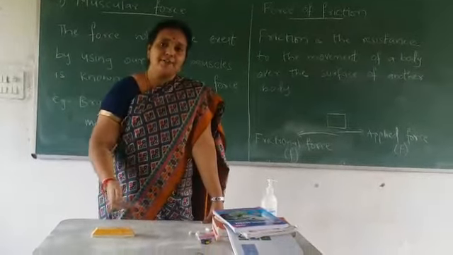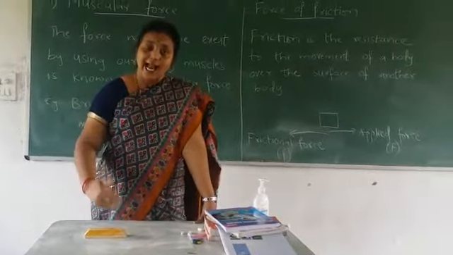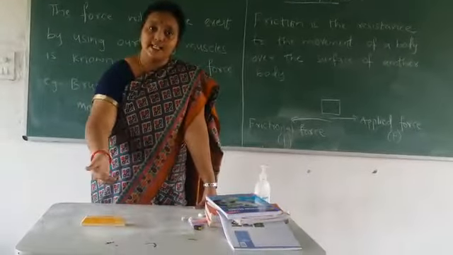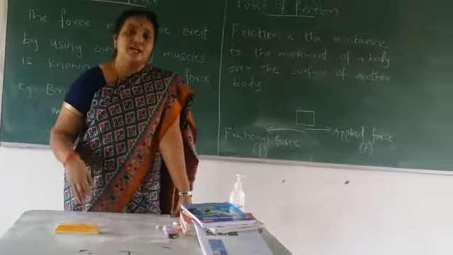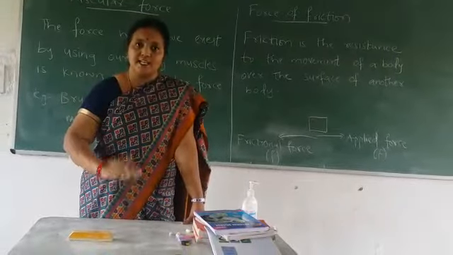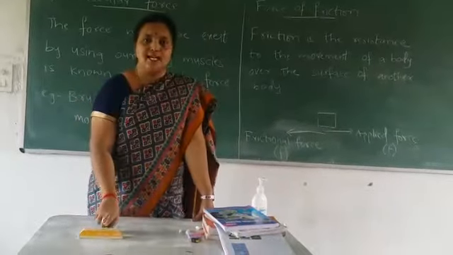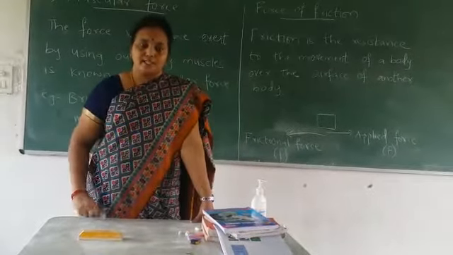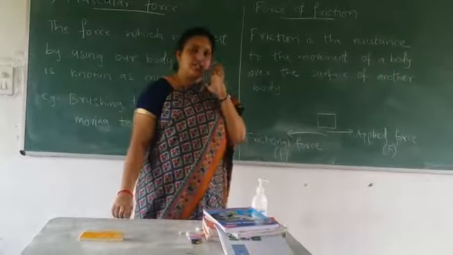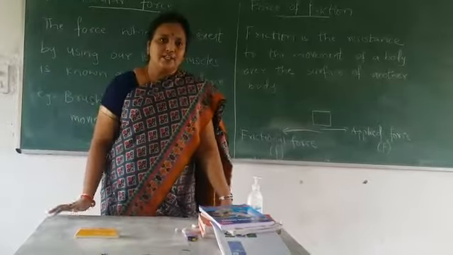But after a few seconds, my muscular force has decreased and the force between the duster and the surface has increased. What is that force? Frictional force. So as the muscular force decreased, frictional force increased, and the frictional force has stopped the duster. Any object which needs to be stopped is stopped because of frictional force.